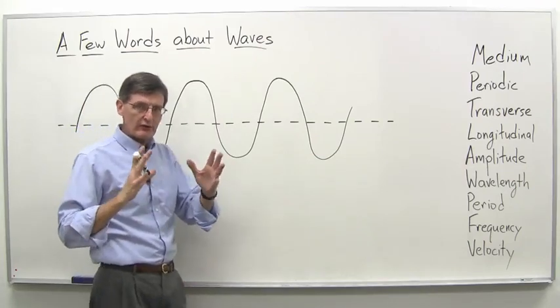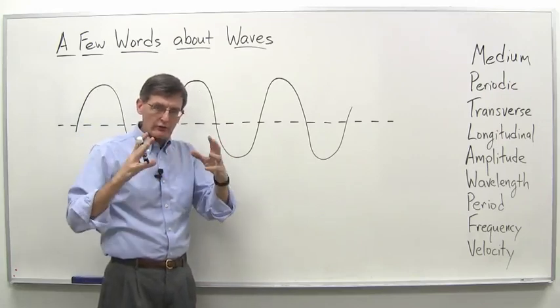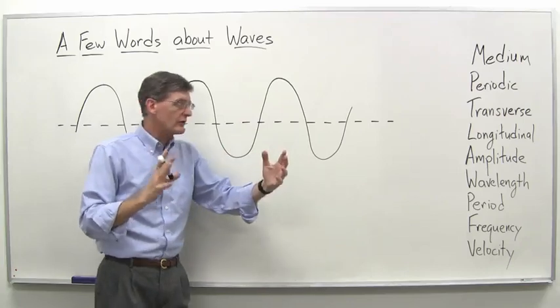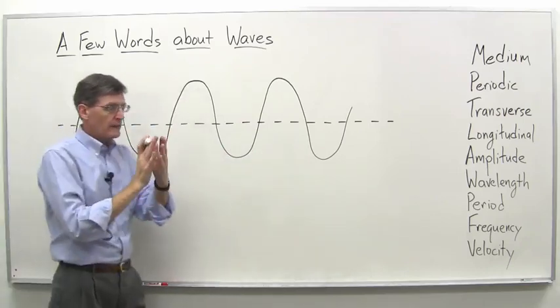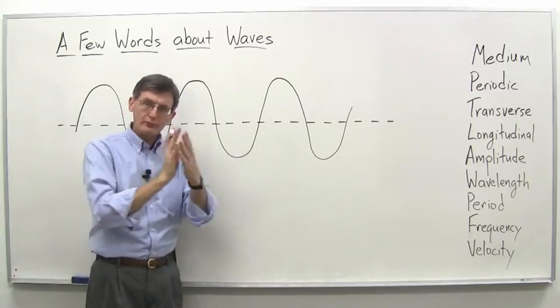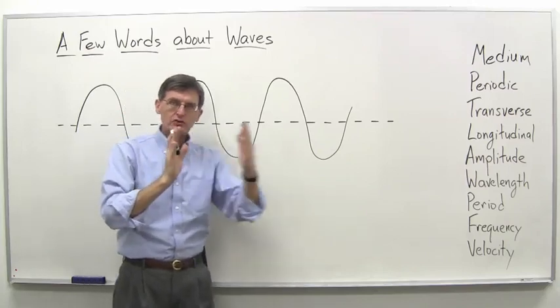For sound waves, actually, you have areas of higher density, where the air molecules group together more, and then areas of lower density. So this would be high density area, lower density, high density, lower density. But it's the movement of the medium, the air molecules in that case, are back and forth this way in the direction the wave is going.